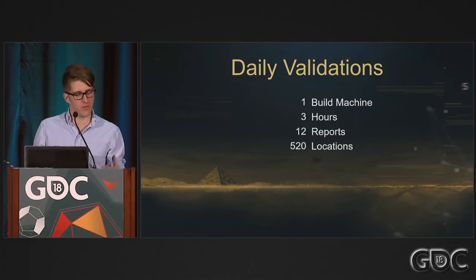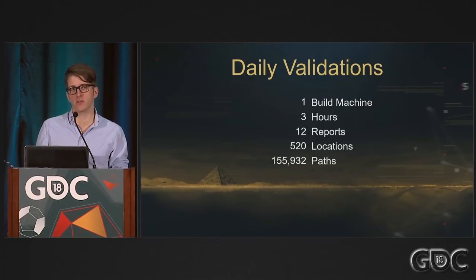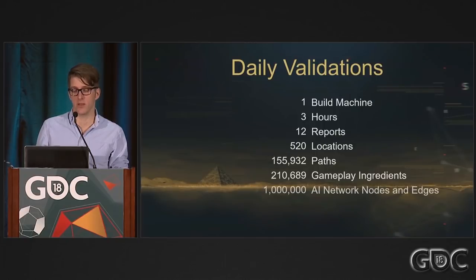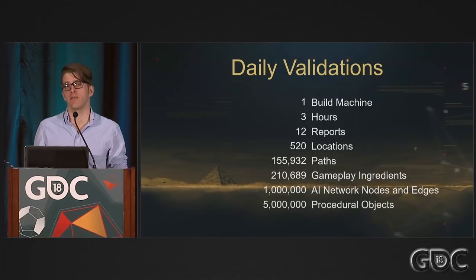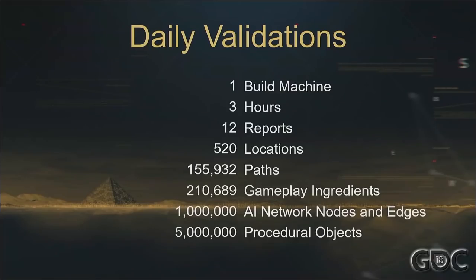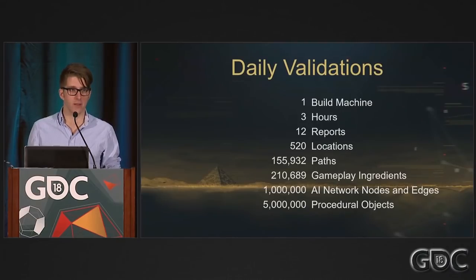And we test over 500 locations, making over 150,000 path-find tests, testing over 200,000 gameplay ingredients, testing over 1 million AI network nodes and edges, and 5 million procedural assets being placed in the world. And that's every single day, automatically.